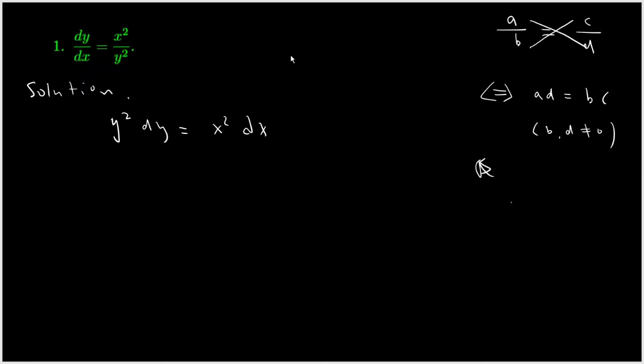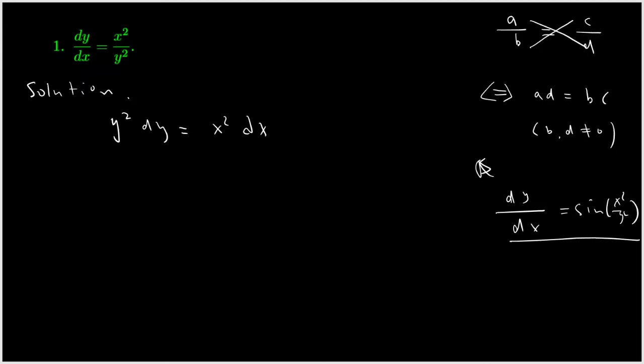Say you have an equation like dy over dx equals sine of x squared over y squared. It's not permissible to separate that equation, so this ODE is not separable. Okay, so the technique cannot be used for that.